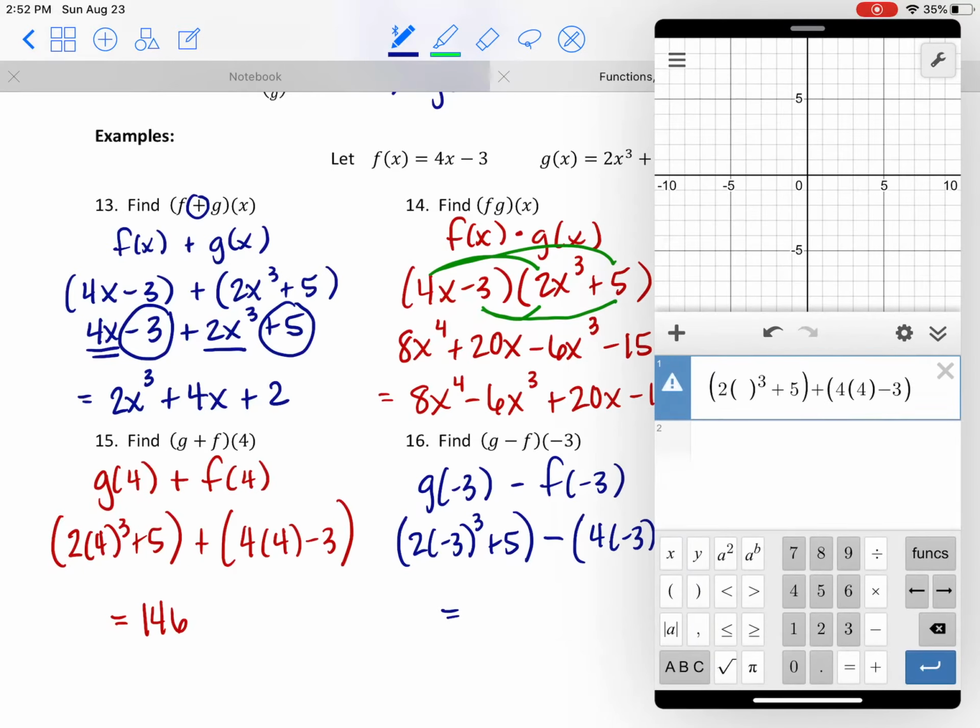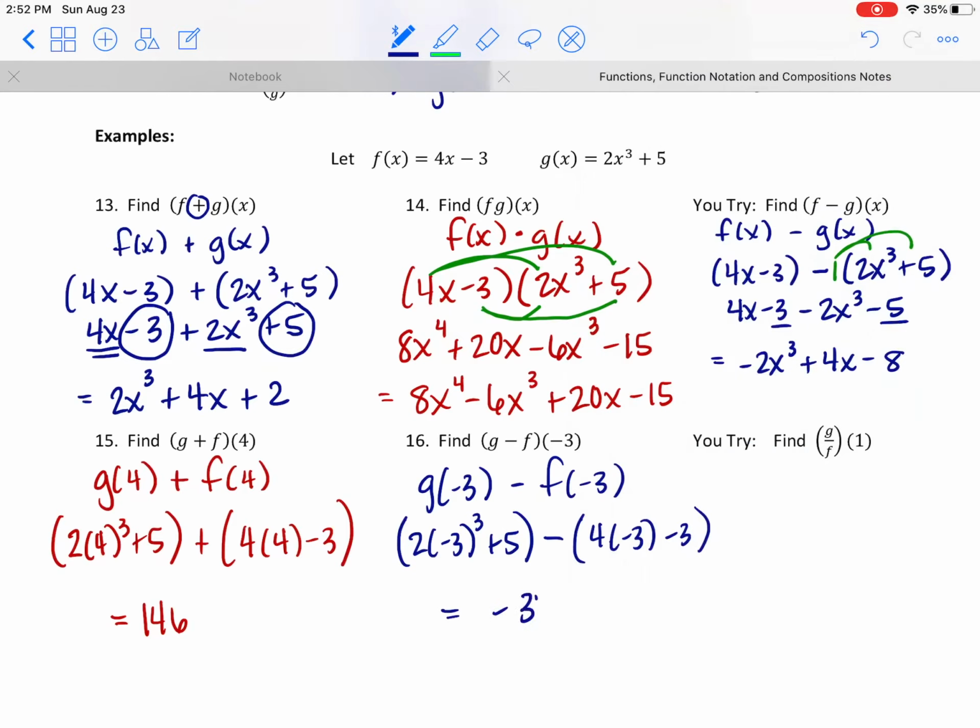So I'm going to replace the 4 with a negative 3, and I'm going to replace this 4 with a negative 3, and then instead of adding this time we want to subtract. And I believe, just scroll over and make sure. Yep, that captures all the work. So a negative 34 is going to be our answer.